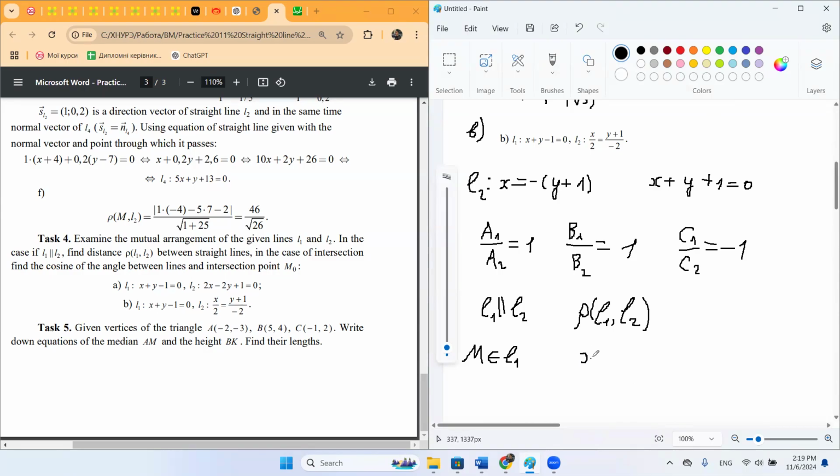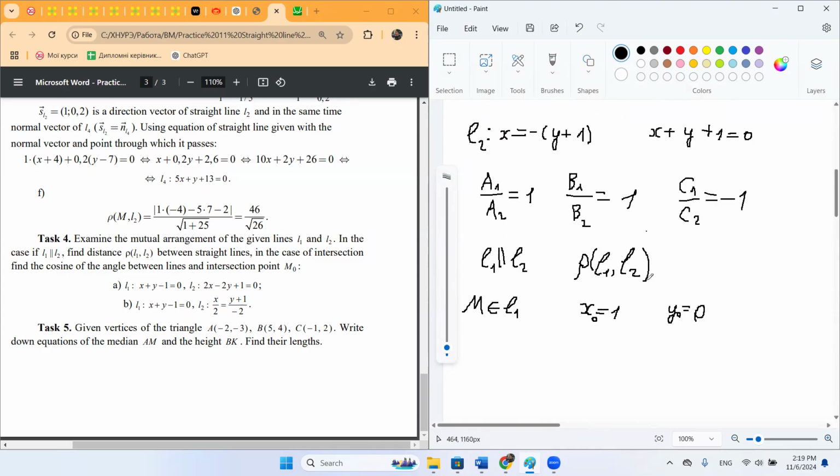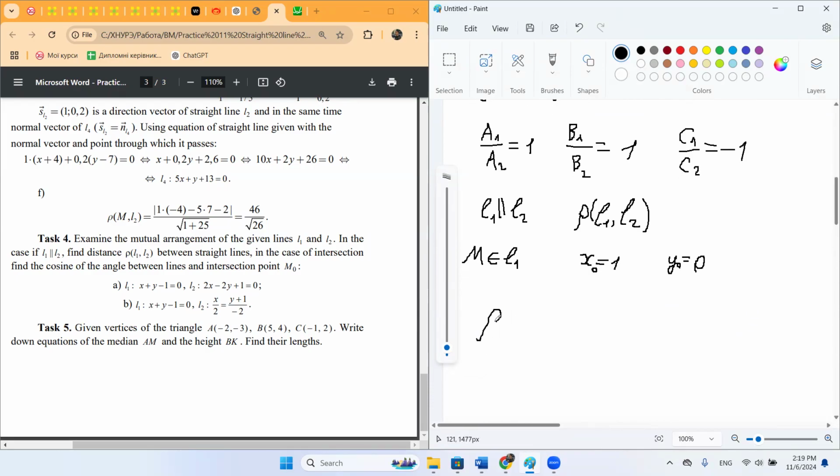Okay, so we set x0 to 1, so y0 will be 1 - 1, it equals 0. So it's a good point, easy calculation.